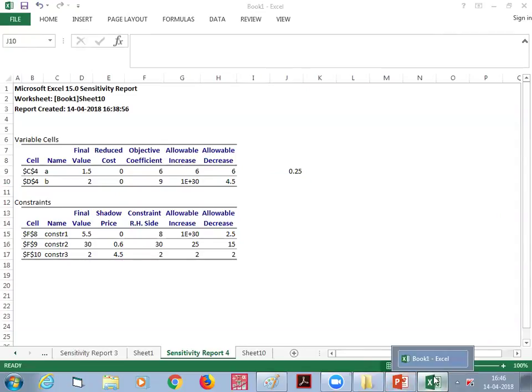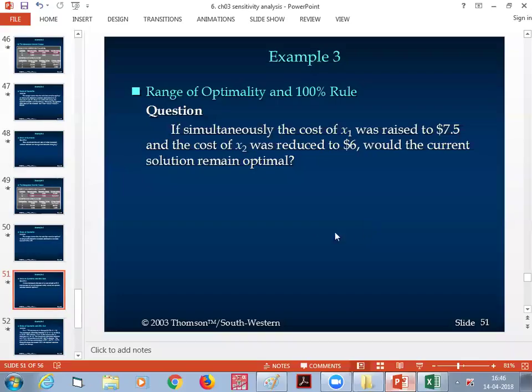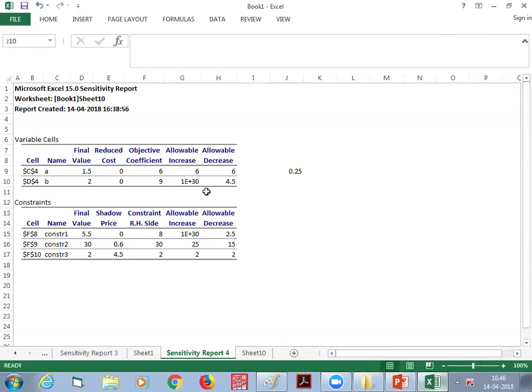But the other one is a decrease. So it's decreased to that. So what is the decrease? From 9 to 6 is a decrease of 3, right? I have to divide by the maximum allowable decrease, because it's the decrease I look at the decrease value.